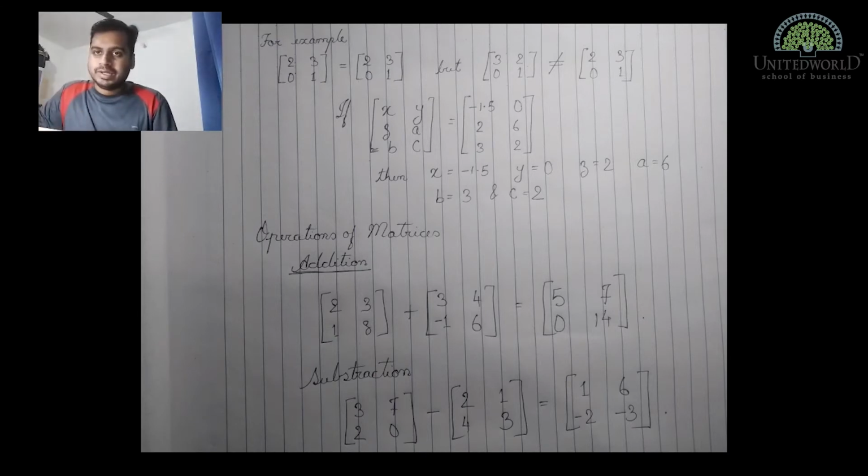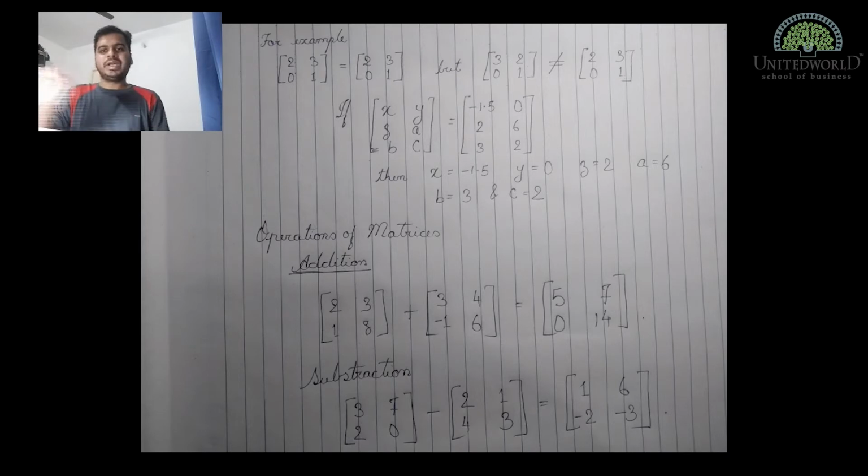But in the second example the order is same, both are 2 into 2 matrix, but if you check 1,1, the first row first element, in the first one it is 3, in the second matrix this is 2. In the first one 1,2 is 2, but in the second one 1,2 is 3.